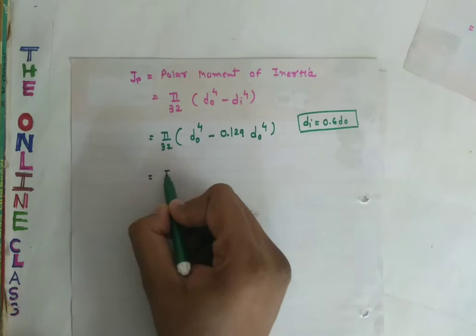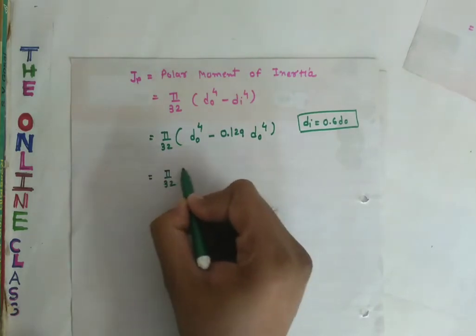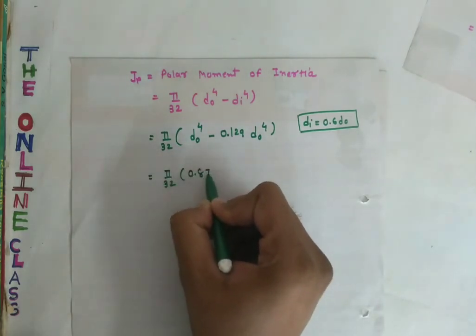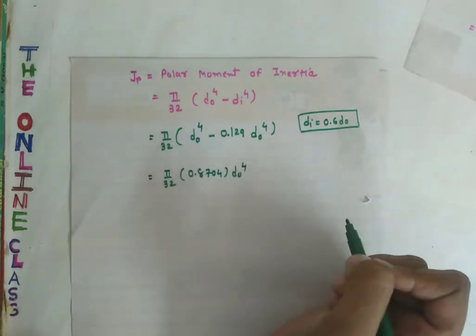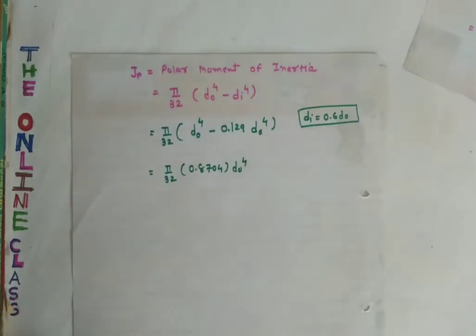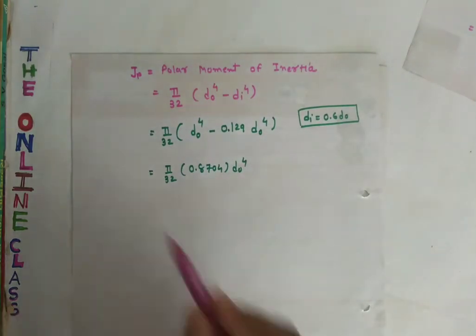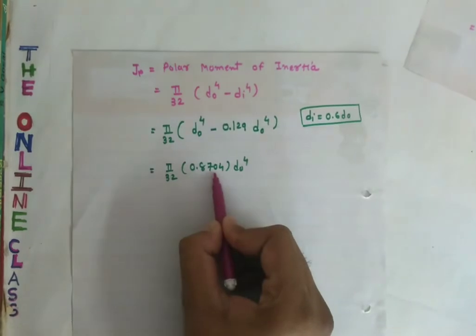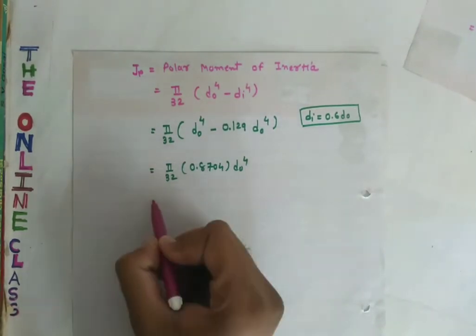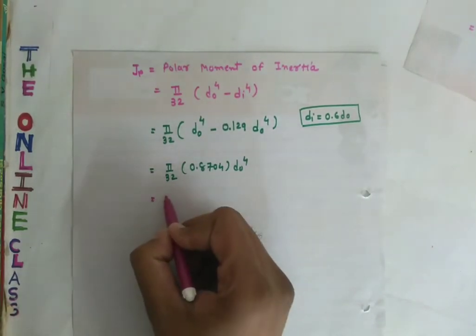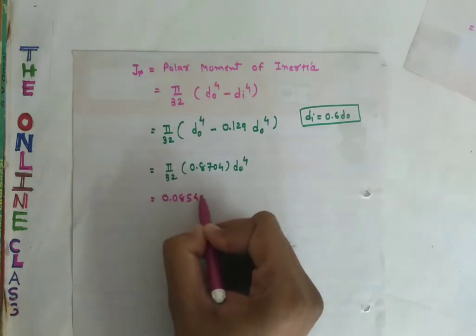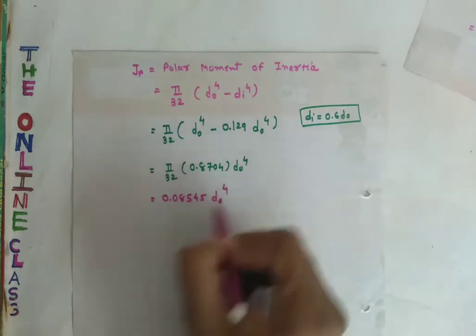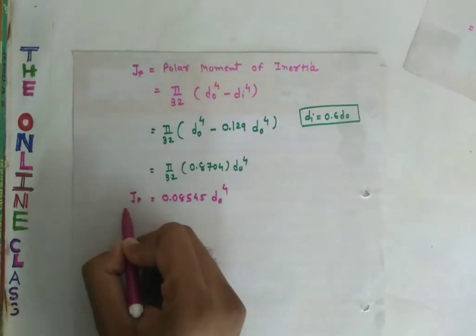Then pi by 32 into 0.8704 DO raised to 4. By multiplying pi into 0.8704 divided by 32, we have the value 0.08545 DO raised to 4 for JP.